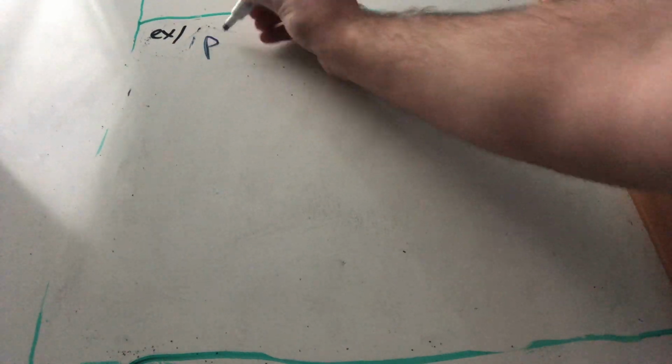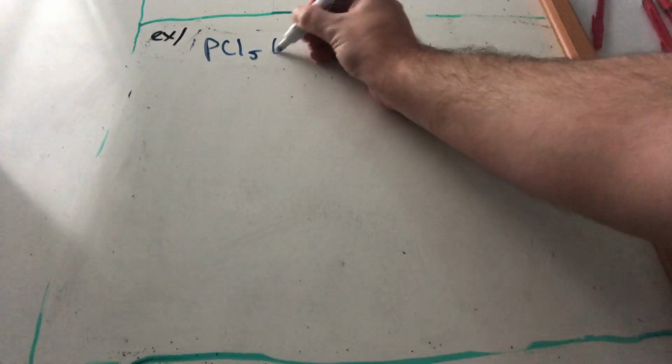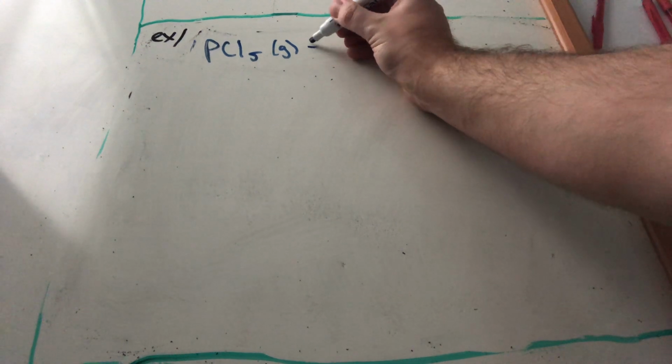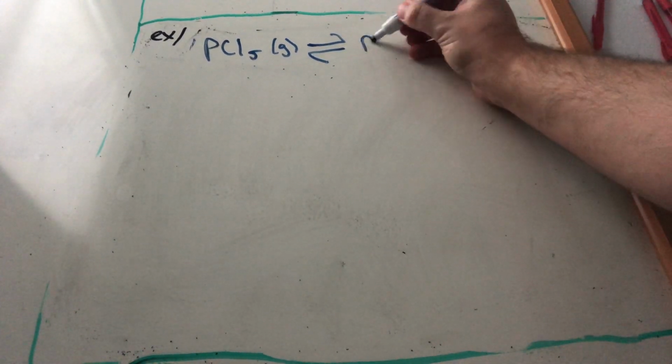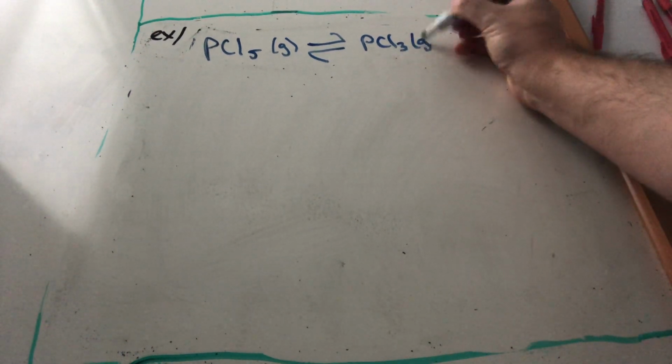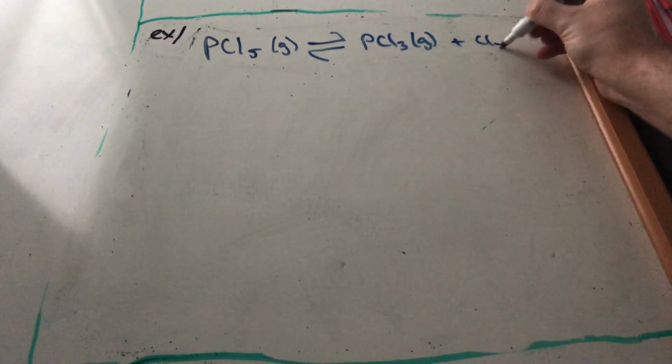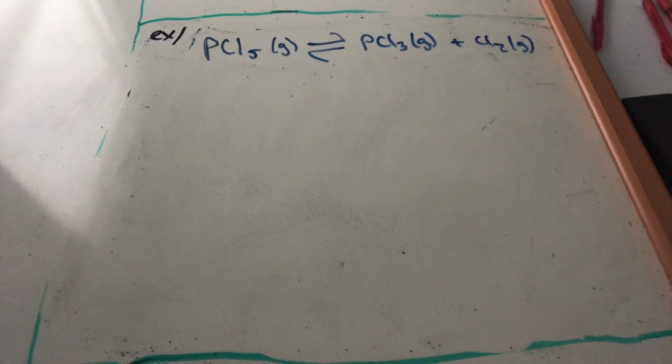So PCl5, which is a gas, is in equilibrium with PCl3, which is a gas, and Cl2, which is a gas.